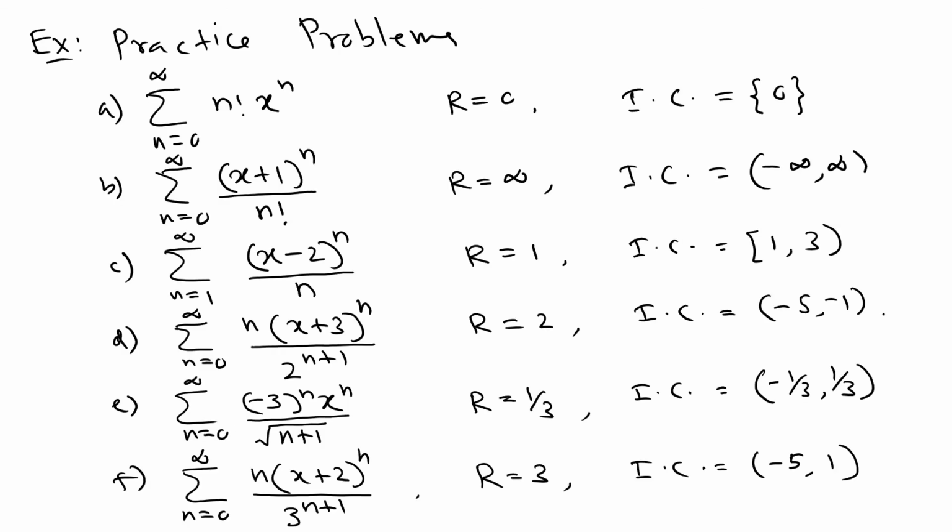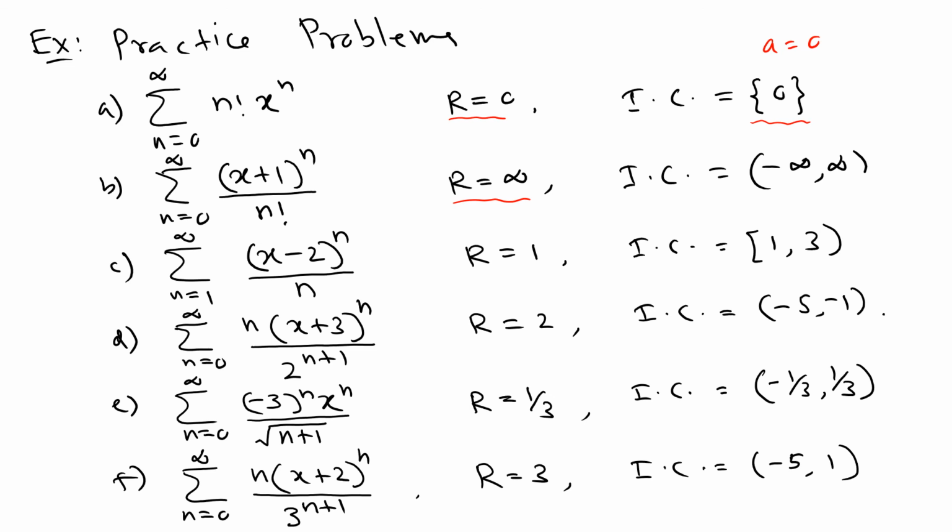You can try these problems for practice. For example, if you look at the first problem, you can see the R is 0, that means there's only one point. This is what we call a singleton, but it's a set, so we write it using set notation. So it's just 0. That's just the center, because in this case you can see that the center is a equals 0. And the second one, you can see that R is infinity.